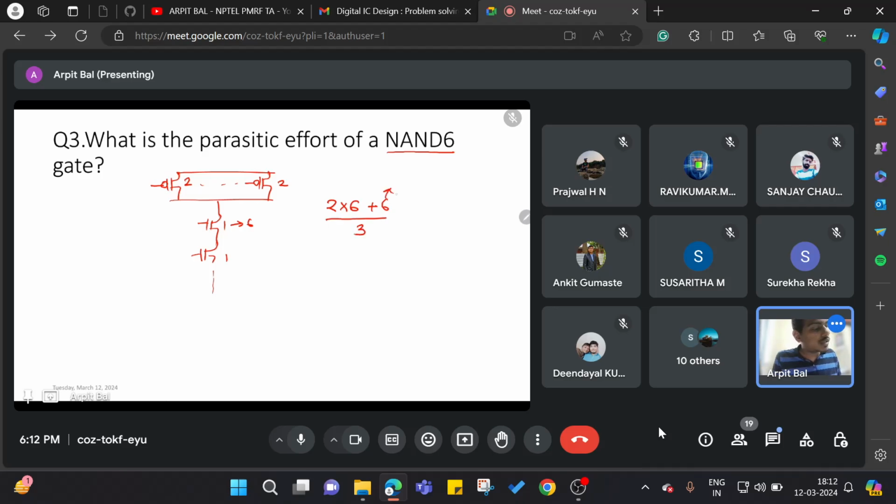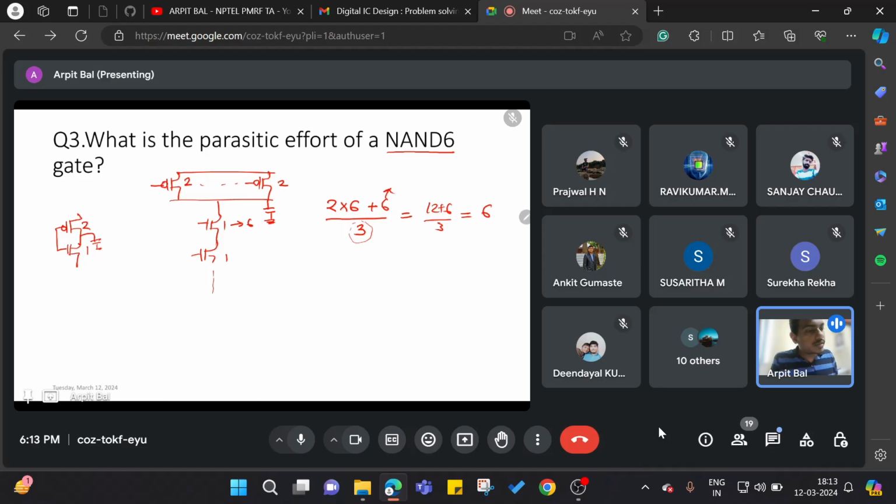This 6 is from the NMOS side, and this 2 into 6 is from the PMOS side. You will have total 6 PMOS and the width of each PMOS is 2. I'm talking about this capacitance. And this 3 is from the reference inverter. So we arrive at 12 plus 6 by 3, that is 6.